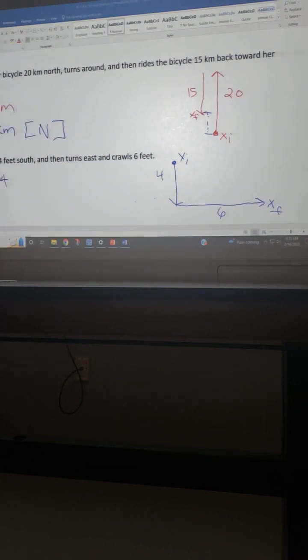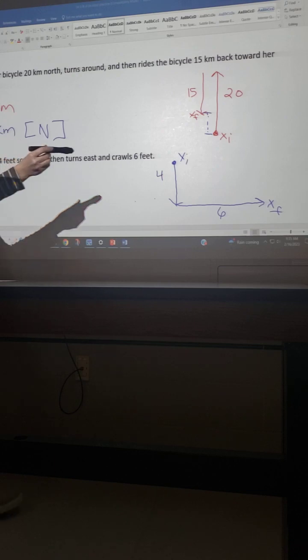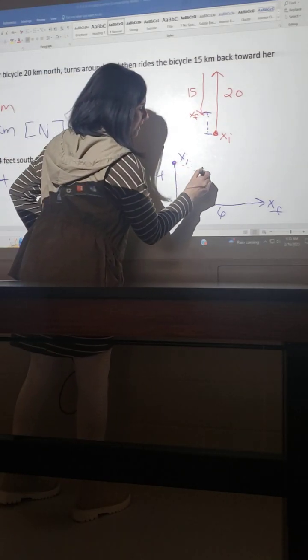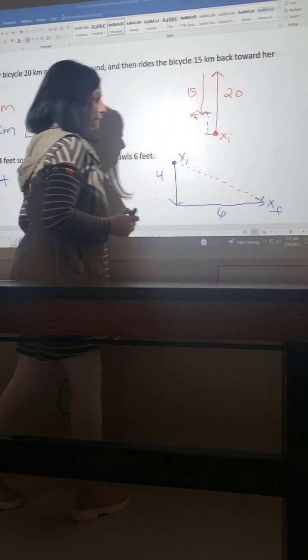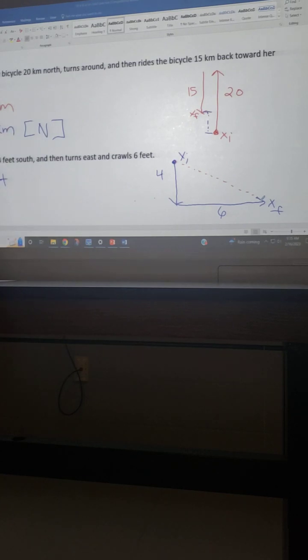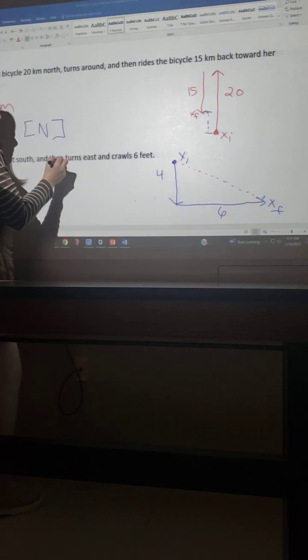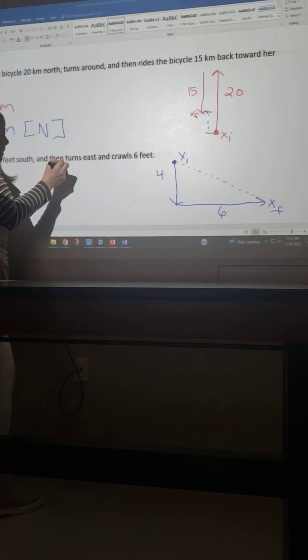Very nice. Displacement's going to be, well, Brooks got it. We're looking at xi to xf. That's over that Pythagorean theorem. There we go. Pythagorean theorem, which is what? 4 squared plus 6 squared equals c squared.